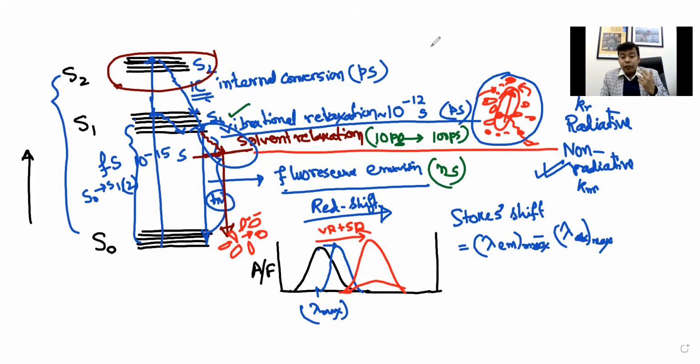That's the reason fluorescence has become so powerful, because it can sense the local microenvironment around the fluorophore. It could be solvent, a dipolar medium, because most solvents are dipolar, like water, DMSO, methanol, ethanol, and so forth.